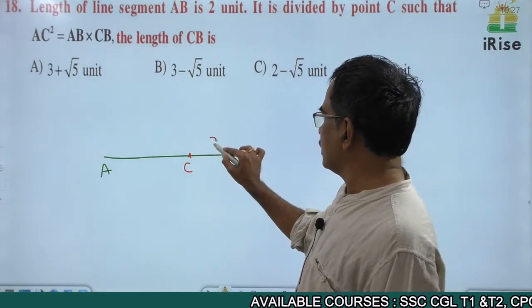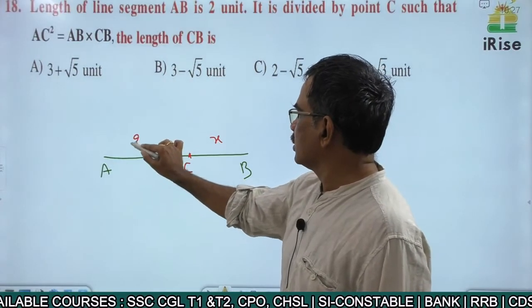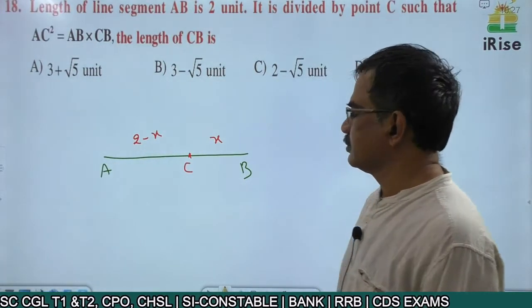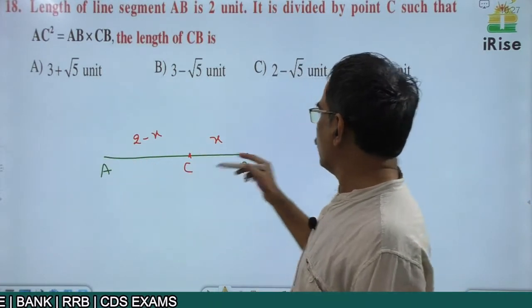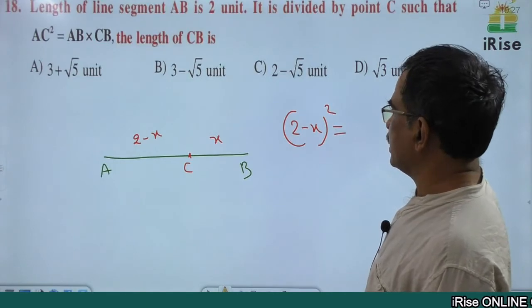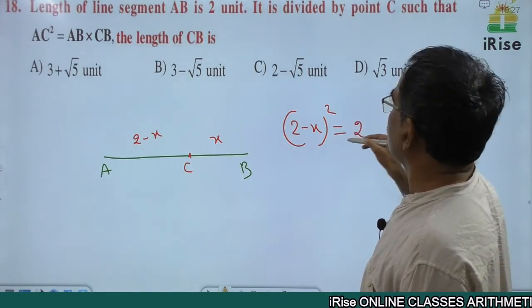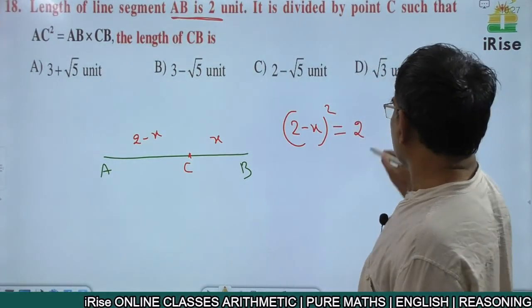I want to consider this as X. Total sum is 2, so this is 2 minus X. Then apply the formula. AC square, 2 minus X whole square, is equal to AB, 2, because AB is 2 units given, into CB.